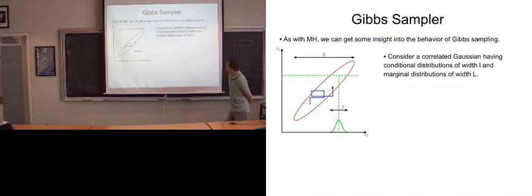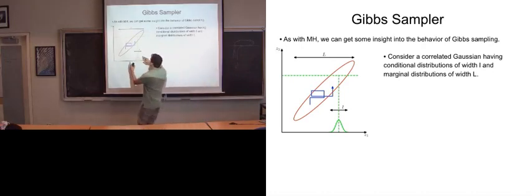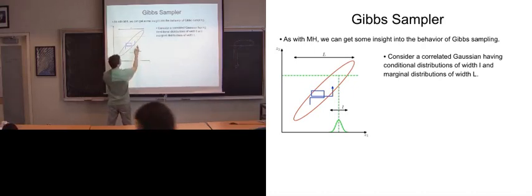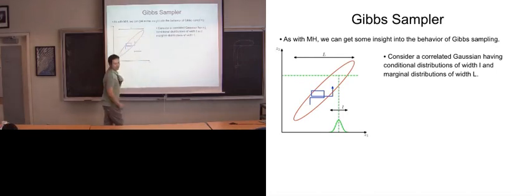Let's look at the example of a Gibbs sampler. As with Metropolis-Hastings, we can get some insights into the behavior of Gibbs sampling. So let's look at the correlated Gaussian having a conditional distribution with width small l and the marginal distribution of width big L. So this is the width of the whole distribution, and this is the width of the conditional, right? If I'm here, and I'm sampling from this space, that's the width that I'm sampling from.